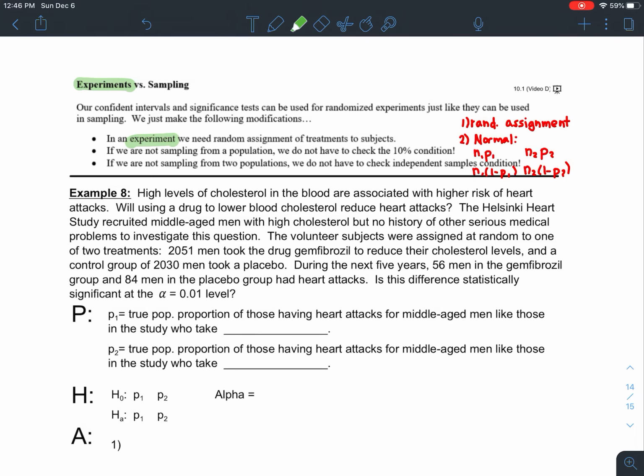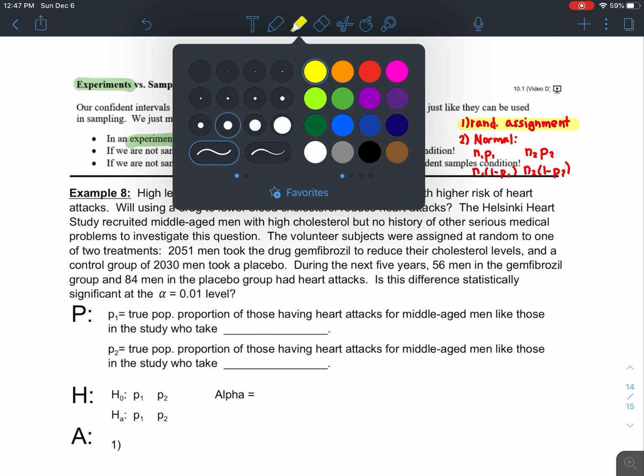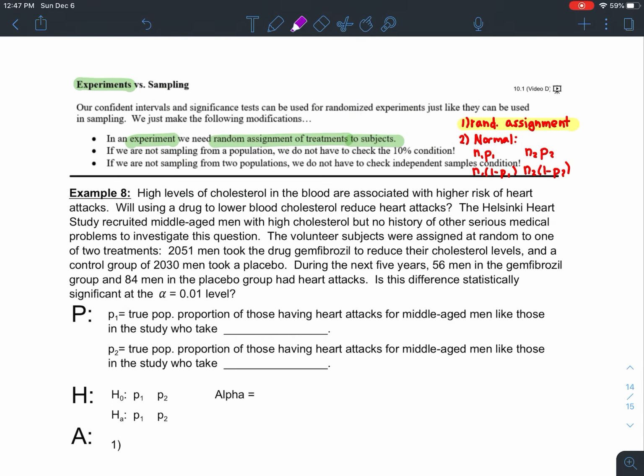If we're talking about an experiment, instead of checking off in our conditions that the two samples were selected randomly, we need to make a statement that in our experiment, we randomly assigned treatments to individuals or subjects, or vice versa, that the subjects were randomly assigned to treatments, either way. So that is one adjustment to our list of conditions if we are doing experiments versus sampling.